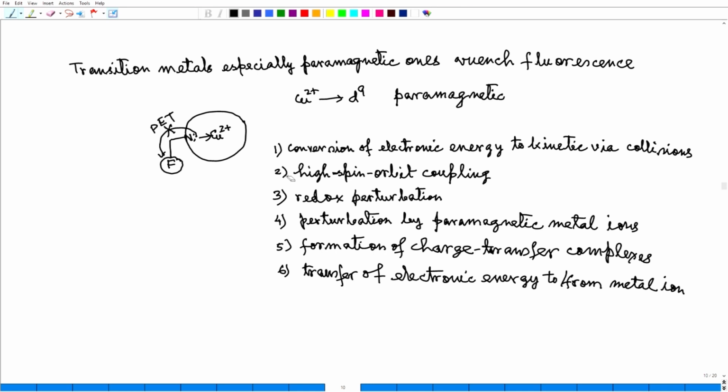One thing comes out, that there are two important parts: metal receptor interaction and metal fluorophore communication.